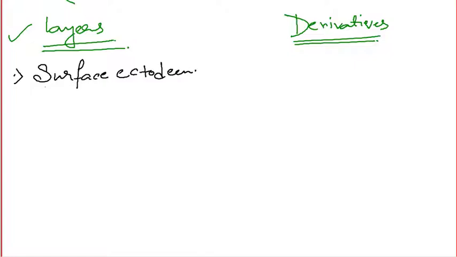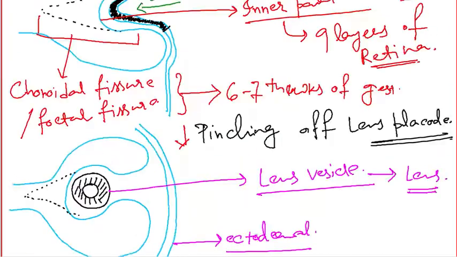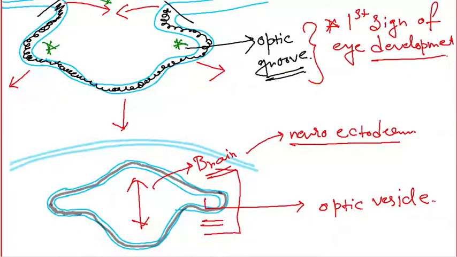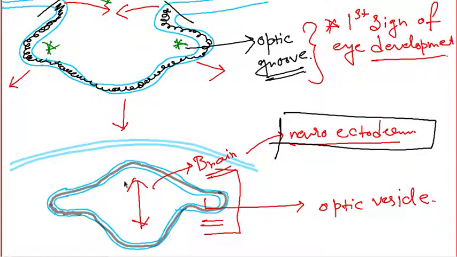As you can see, the ectoderm has two parts, the surface ectoderm and the neuroectoderm. We talked about the neuroectoderm part when discussing the development portion, and in the lateral part it will come in contact with the surface ectoderm.